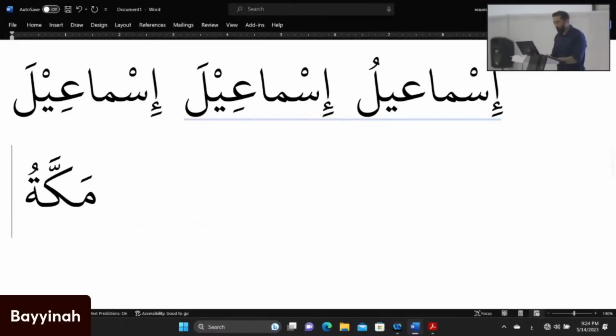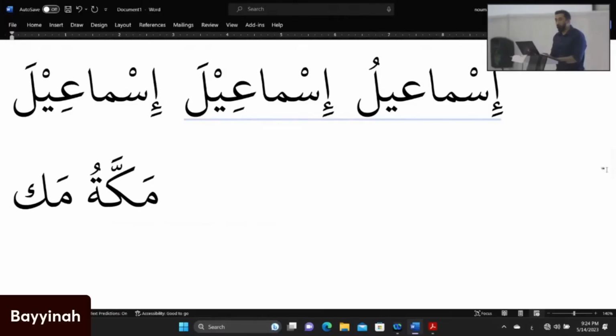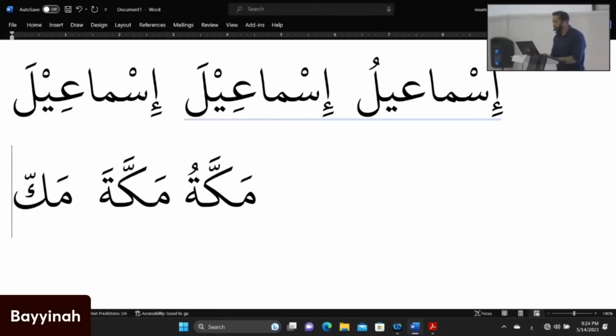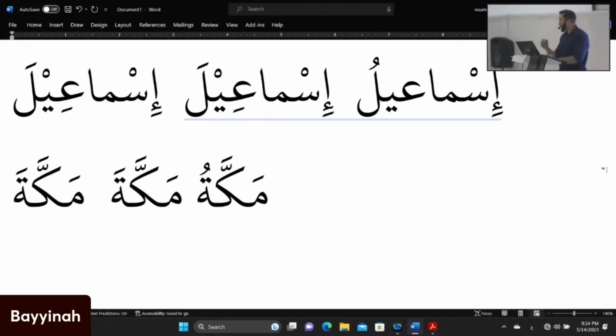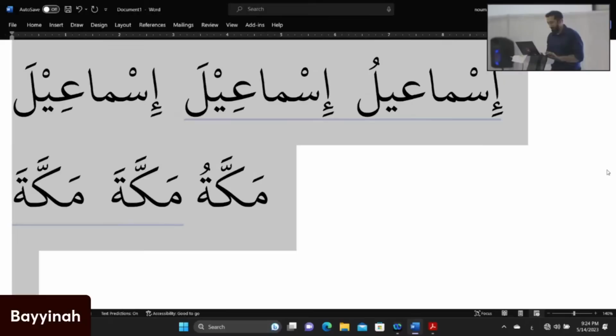Makkah, but it's an Arab place. Did I say it has to be an Arab place? No, I just said it has to be a place. So Makkah ta and Makkah ta. So what happens with partly flexibles? I like how you think.